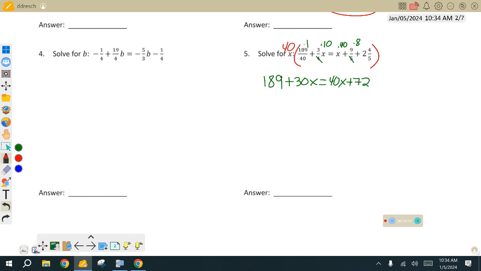Okay, with that last term there, how is that fraction written? That's a mixed number, right? We need to make sure that's written as an improper fraction. So you need to either mentally switch it over in your head and keep it as that, or write it down. So what is that mixed number as an improper fraction? 2 and 4/5 is 14 over 5, right?